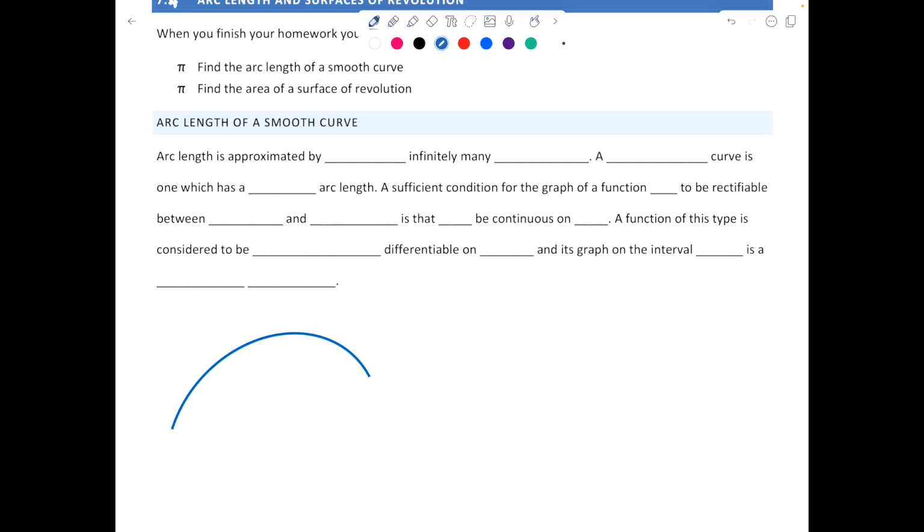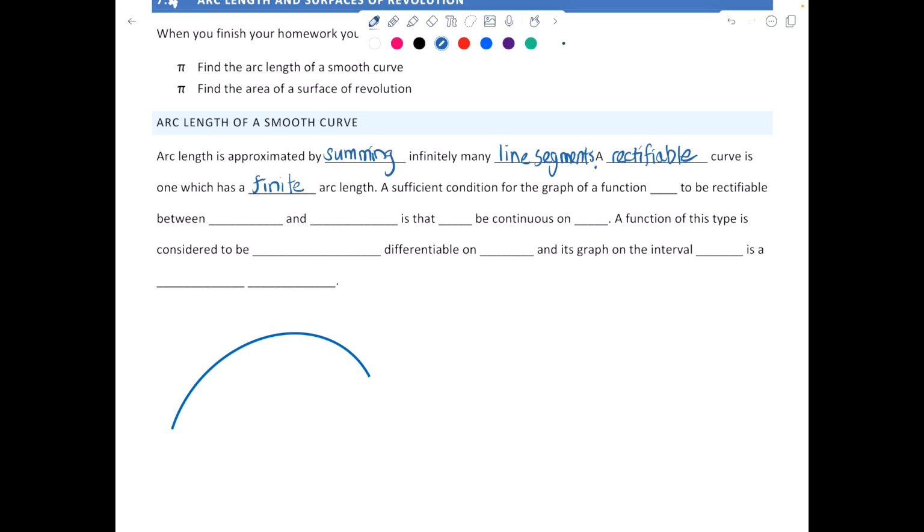Arc length is approximated by summing infinitely many line segments. A rectifiable curve is one which has a finite arc length.